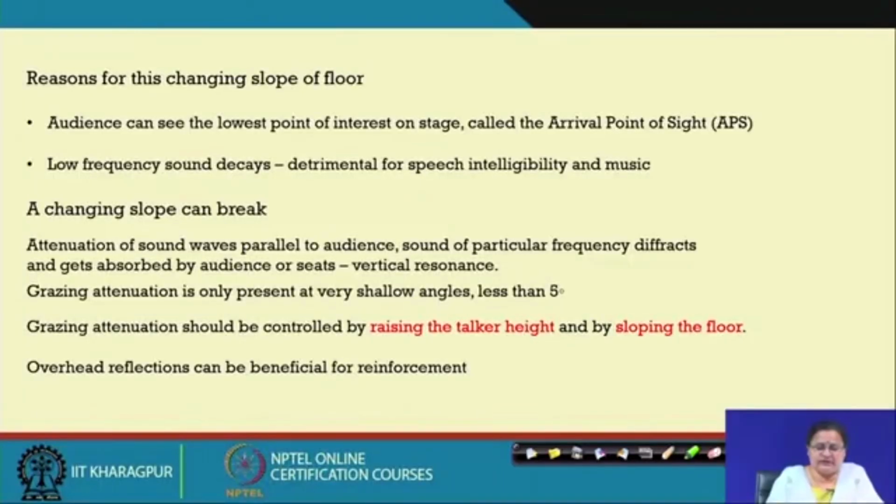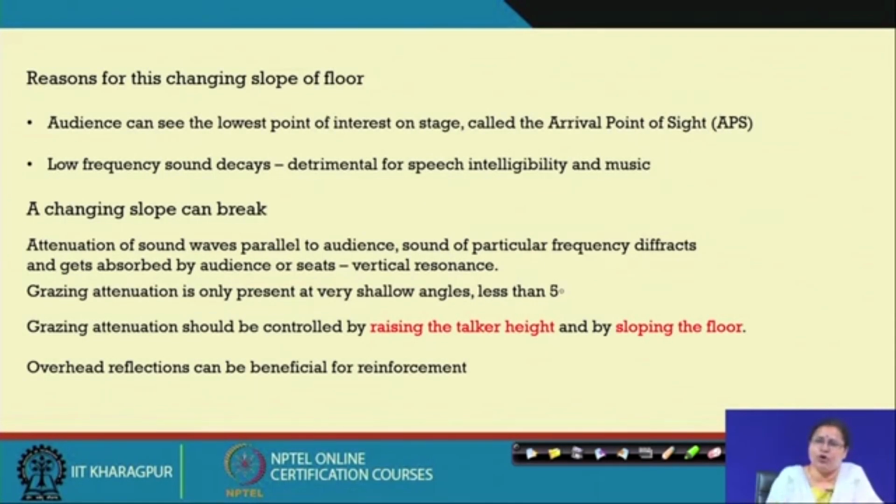So, attenuation of sound wave parallel to the audience, sound of particular frequency diffracts and gets absorbed by audience or the seats, which is vertical resonance and which happens in 125 to 200 hertz.